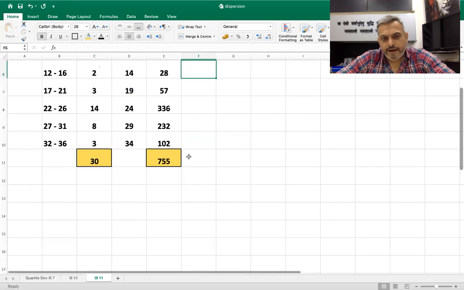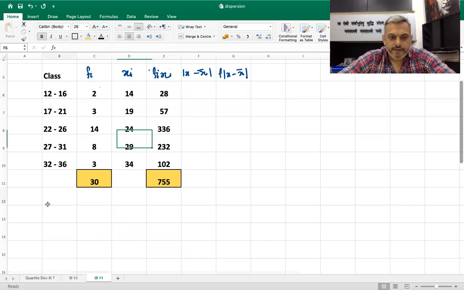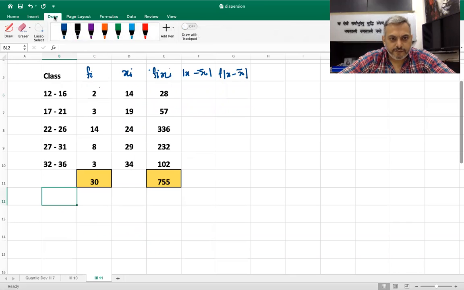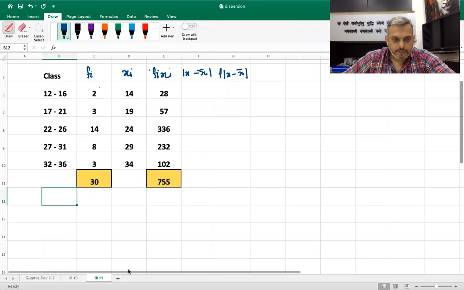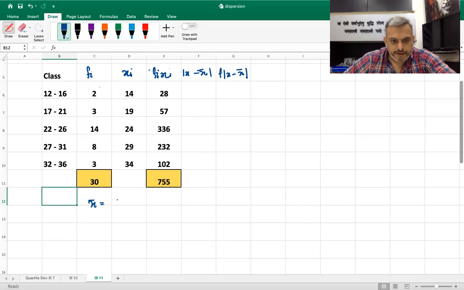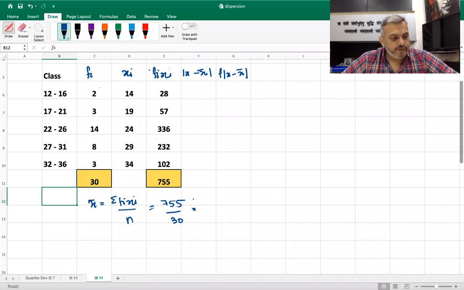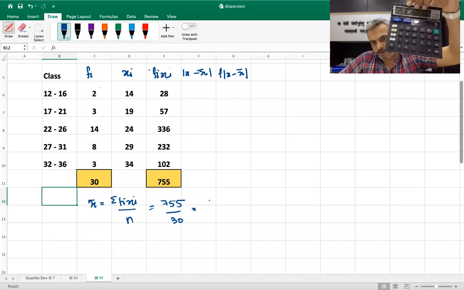Then xi minus x bar. First we have to find the mean, so let's find the mean first. X bar is equal to sigma fi xi upon n, which is equal to 755 upon 30, which is equal to 25.16666.